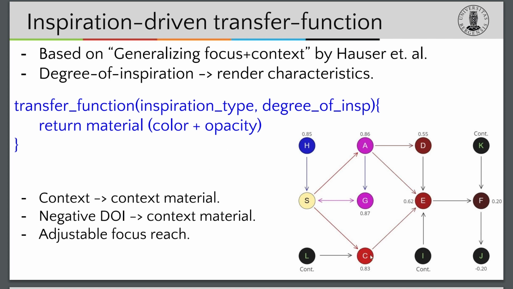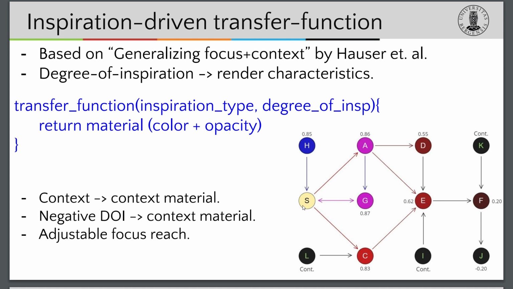So here, for instance, C, his inspiration type is that S is inspired by him. So he is red. And then you use the degree of inspiration. He has 0.83. You use that to say how much red color he gets, right? For instance, you can do that.